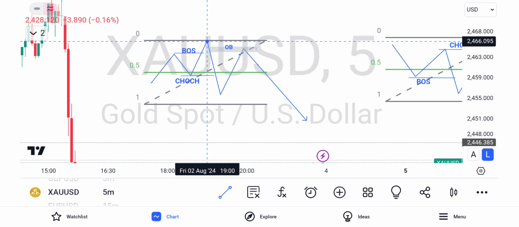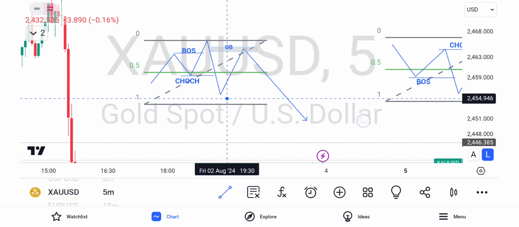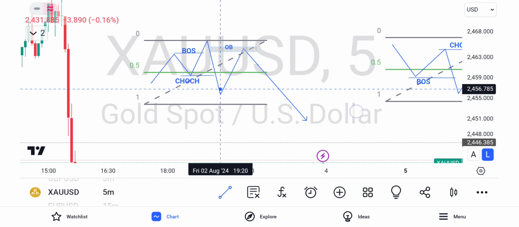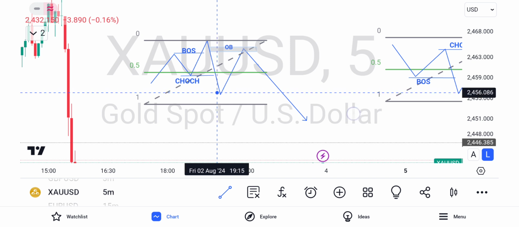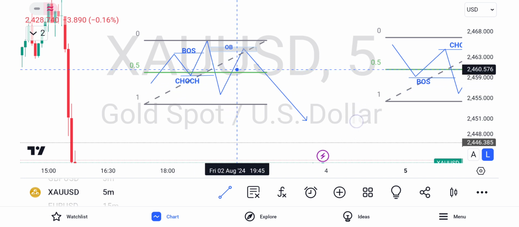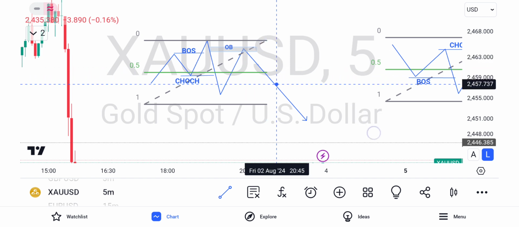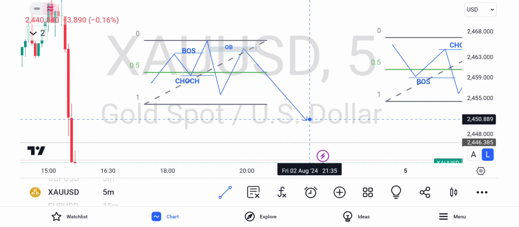After breaking upward, it came down and changed character, showing us that there is going to be a sell trend. However, this stop here was not influenced by an order block, so price retraced upward again to find a reason for a sell, and there was a great move.